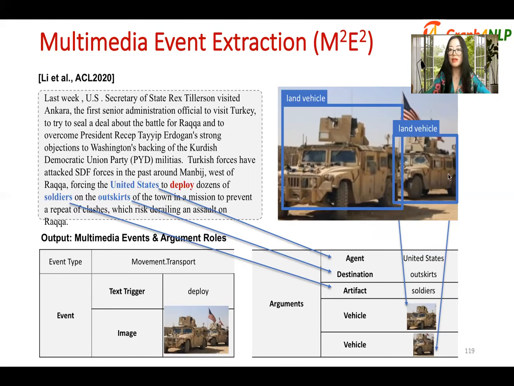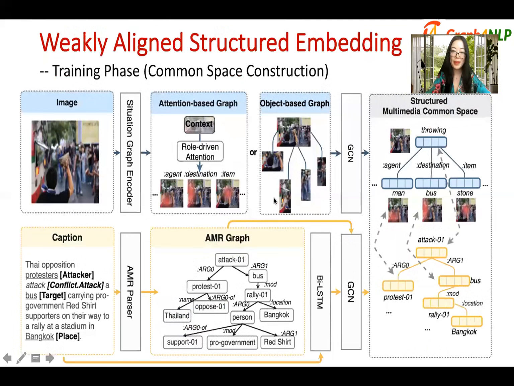For example, here for this movement event, we can see the vehicles are only shown in the image, but not in the body text. So the idea is very similar to what we have already talked about in cross-lingual transfer. We simply take millions of image and caption pairs, and for every image, we try to encode the image into graphs. So we use two different ideas to do that.